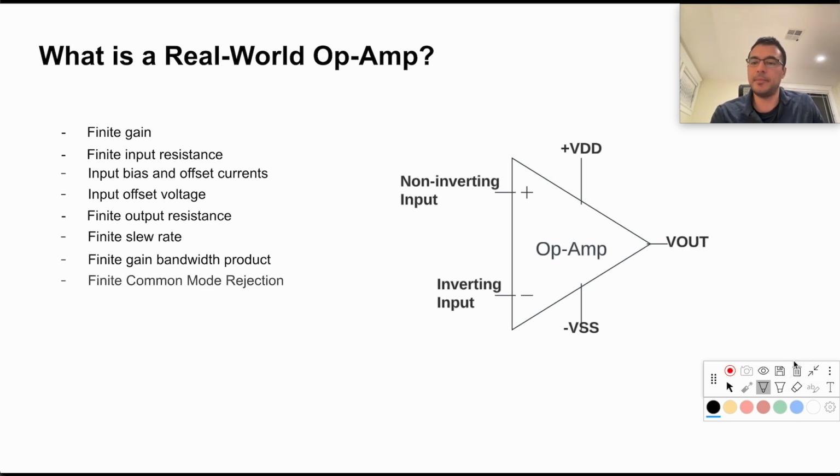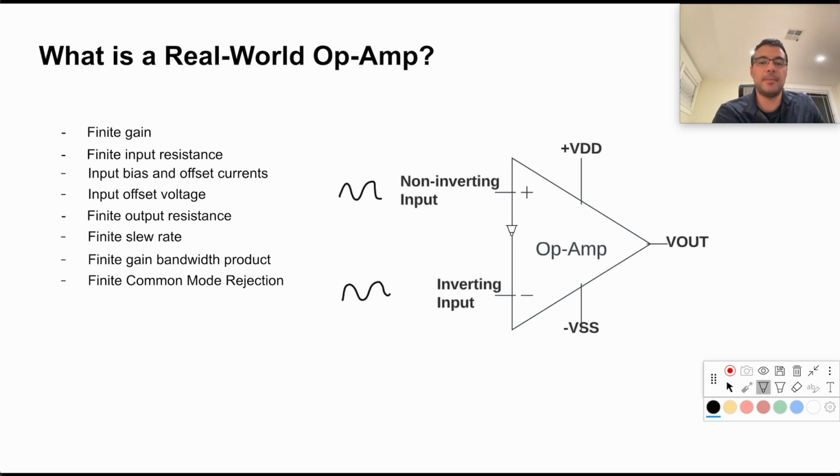Next, an op amp has finite common mode rejection. Typically, an op amp is only supposed to amplify the difference between the non-inverting input and the inverting input. But let's say you had a sine wave at the non-inverting input and the exact same sine wave at the inverting input.